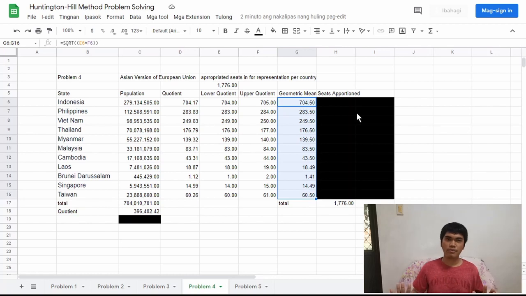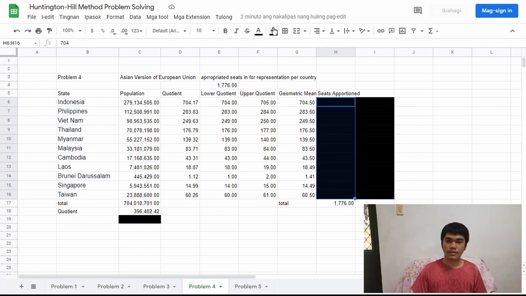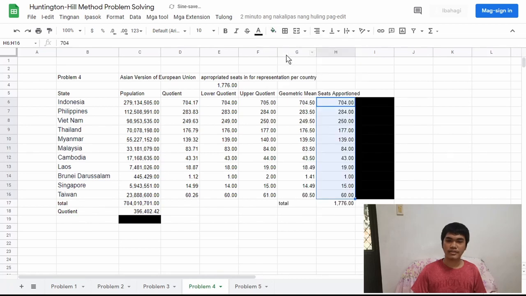So the same old process will be used here to get the final seats appropriated within this hypothetical Asian version of the European Union. So this will be the answer. Nothing changed in Indonesia. Philippines got higher.